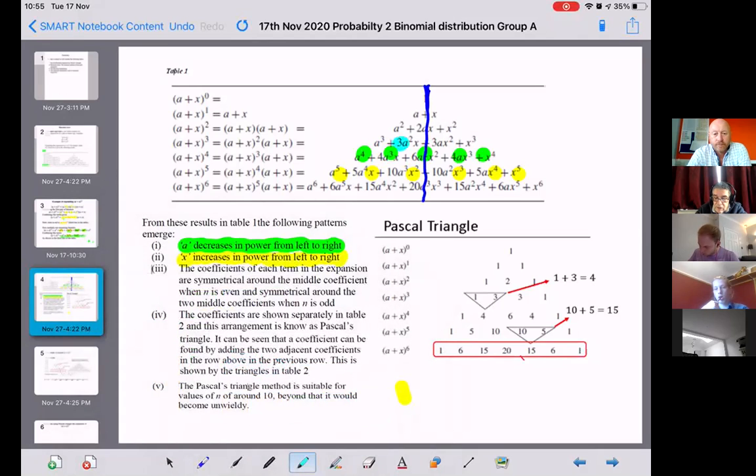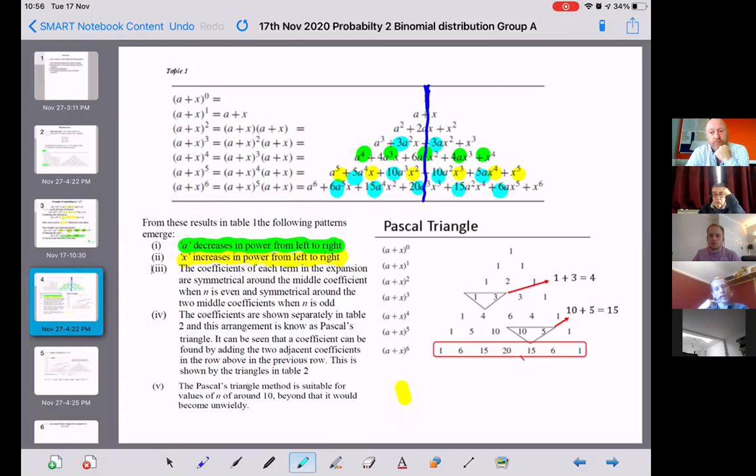So we've got 3 either side of that center line. Here we've got 10 and 5 either side of the center line. Here we've got 20 in the middle. We've got 15 and 15, 6 and 6, symmetrical either side of that center line. Okay.